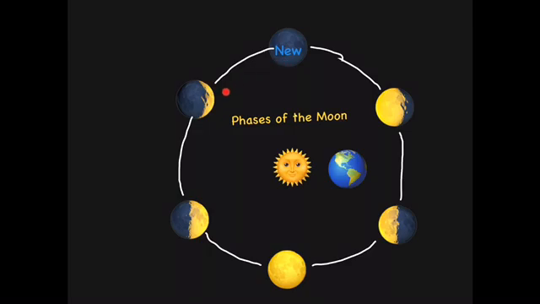Now over right here you can see a little bit of the moon, and we actually say that you can see about 1/4 of the moon, because about 1/4 of the moon is exposed to the sun's light.